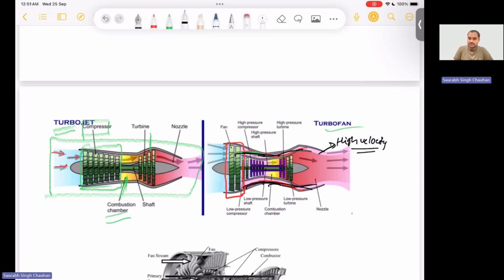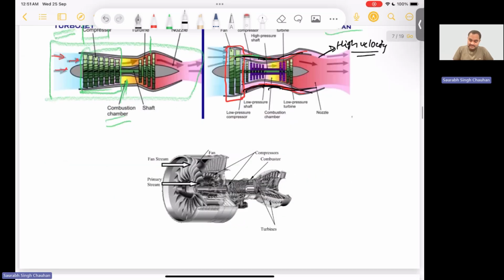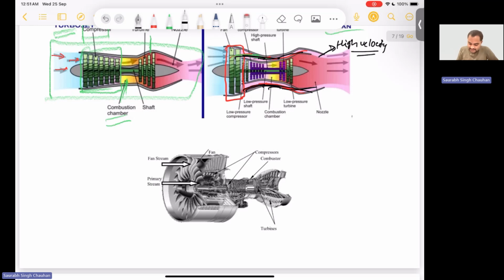So because of this high velocity you get some extra thrust. In the second figure it is more clear that the inner core is our primary section. That is the primary stream, because most of the air is going inside the primary stream, the maximum air, and some part of that air is going into this fan stream.